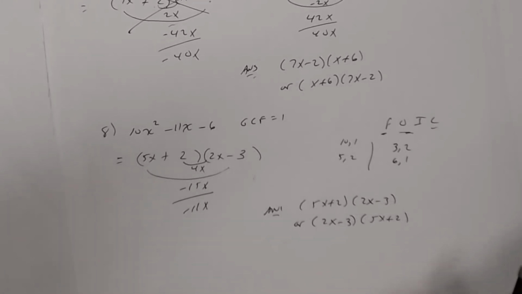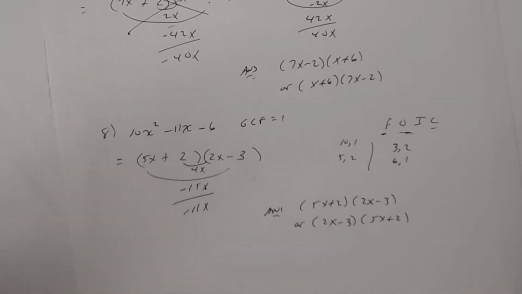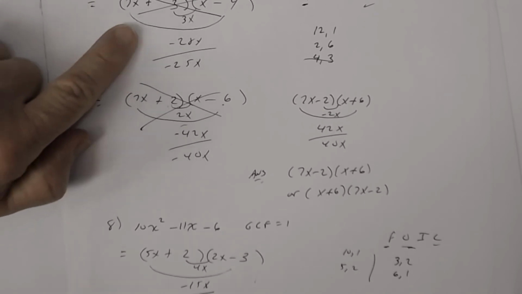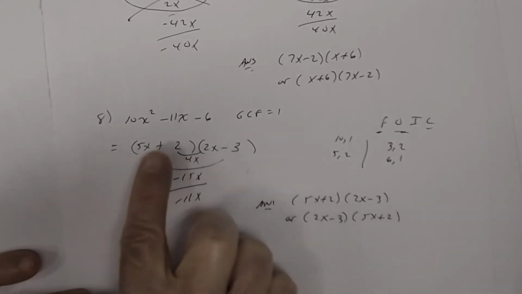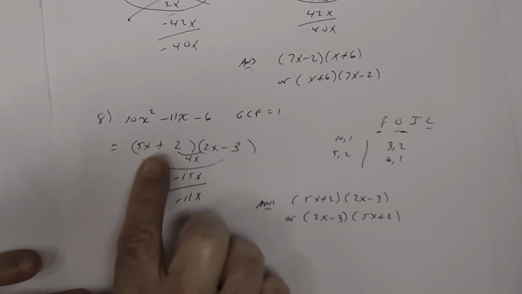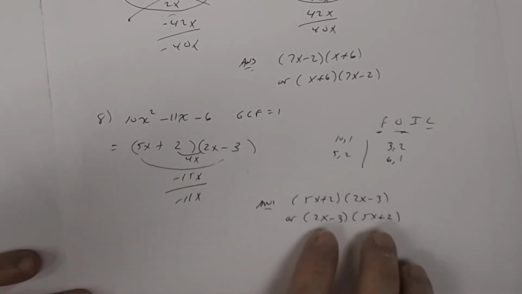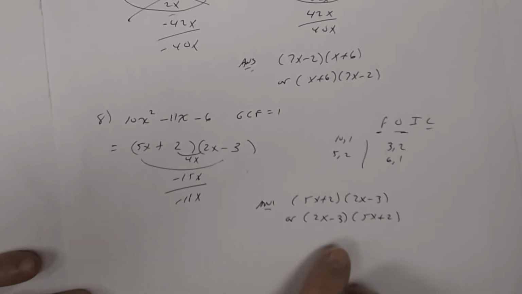Okay? All right, so we've done 8 problems, and the thing I want you to get from here is the thought processes as we go through this. So trial and error, and always remember that you want to make sure that your factors are prime. 2x minus 3, the GCF is 1. 5x plus 2, the GCF is 1.